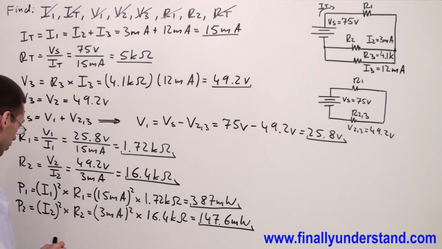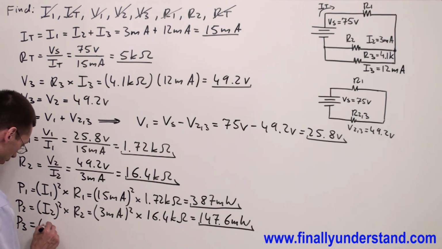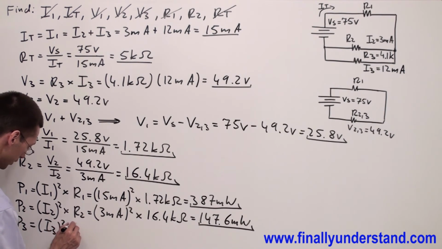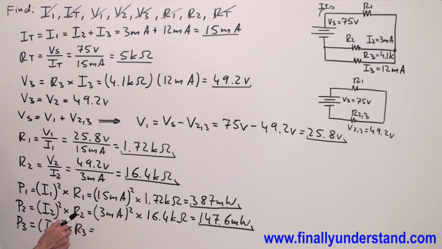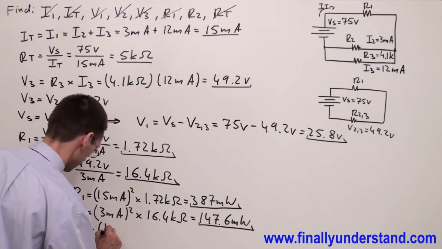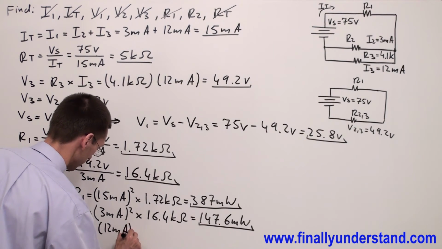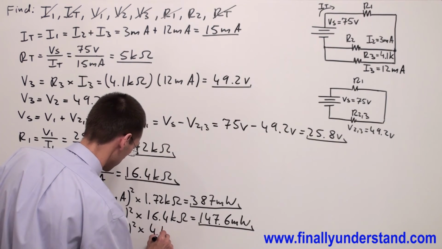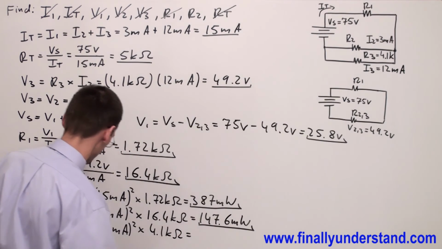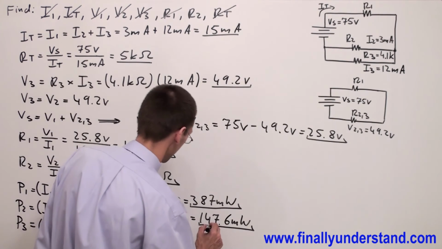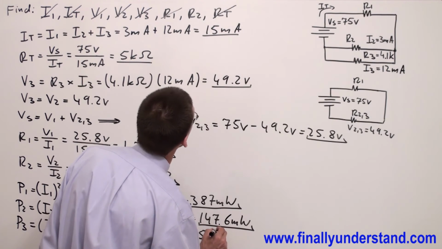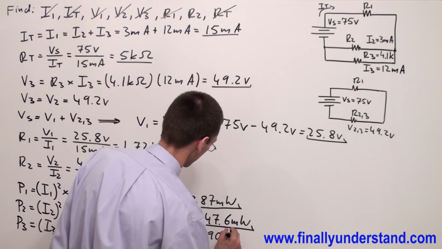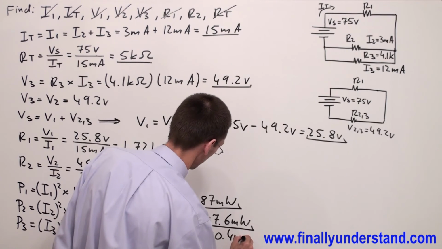Okay, and I can find also P3. P3 is equal to I3 raised to the second power times R3. I3 is equal to 12 milliamps is given raised to the second power times R3, which is equal to 4.1 kiloohms. This is equal to 590.4 milliwatts.